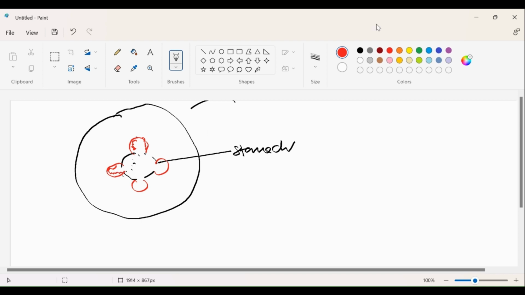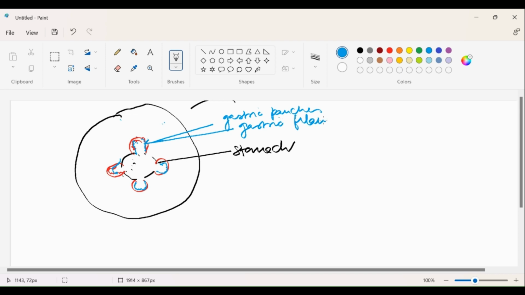Let's do it with a different color. The gastric filaments are present in the gastric pouches, and they bear the nematocysts. So these are the gastric pouches, and they bear the gastric filaments.